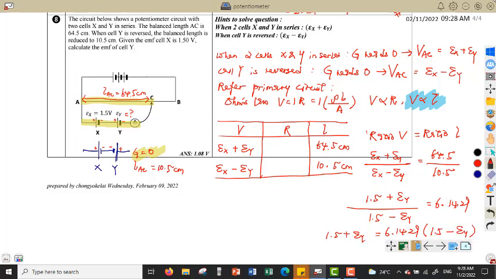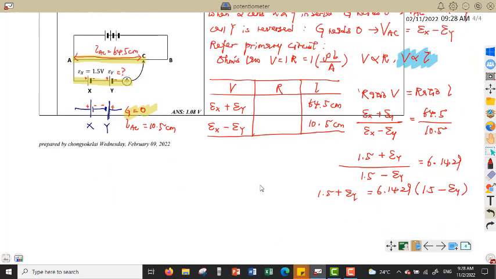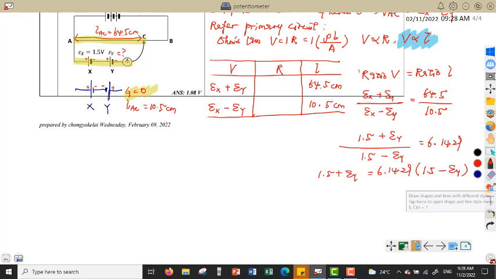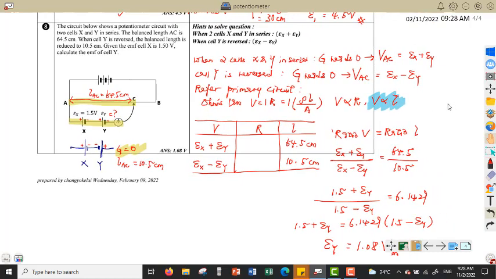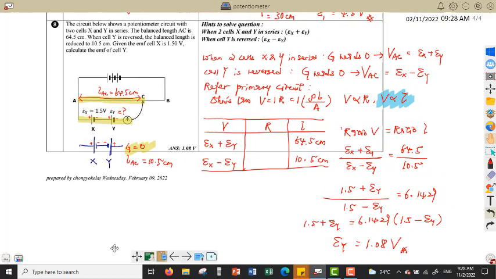You might pause the video to do the mathematics calculation. So you will get your EY to be 1.08 volt. Okay, then we have determined the EMF for cell Y. Then we have solved question 8.